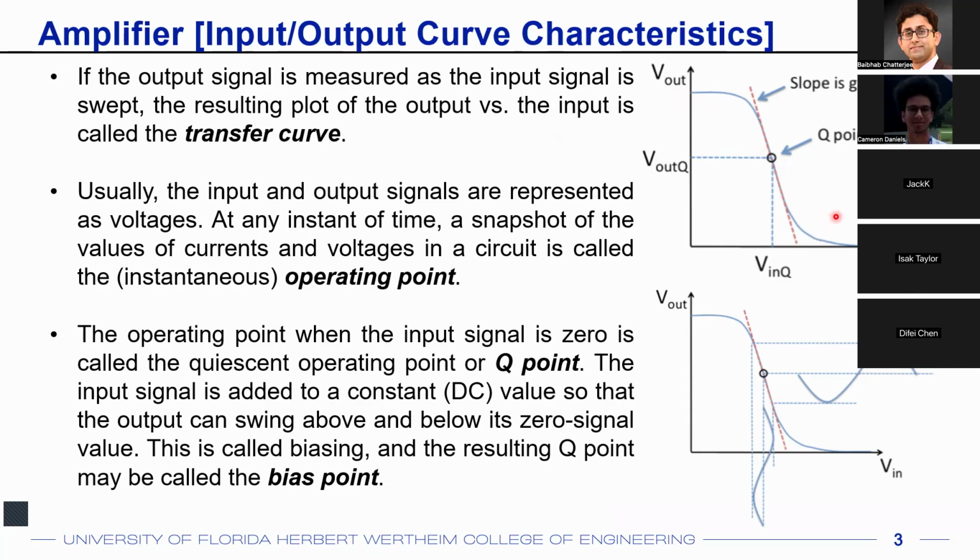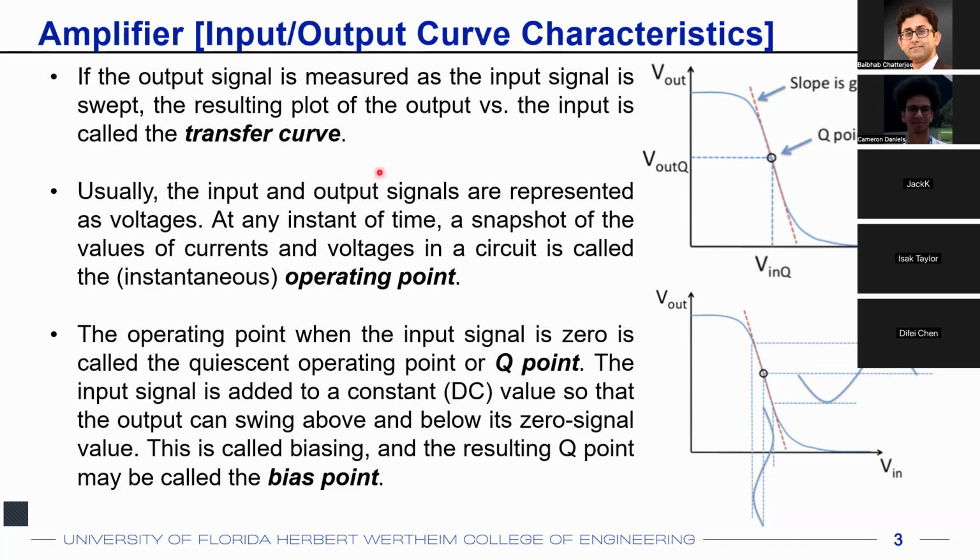That is the transfer function, output as a function of input. And this curve is the representation of the transfer function in the graphical domain, called the transfer curve. More specifically, because this is voltage out versus voltage in, it will be called the voltage transfer curve. But in general, it could be any transfer curve. It could be a current transfer or transconductance transfer curve and so on. But if it is voltage versus voltage, it's going to be called a voltage transfer curve.